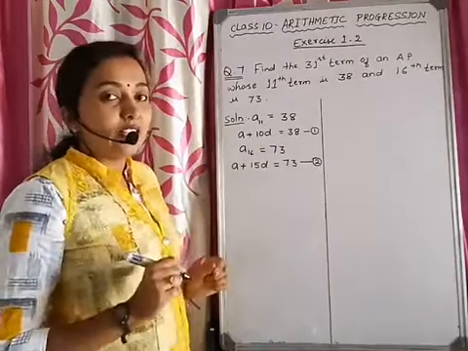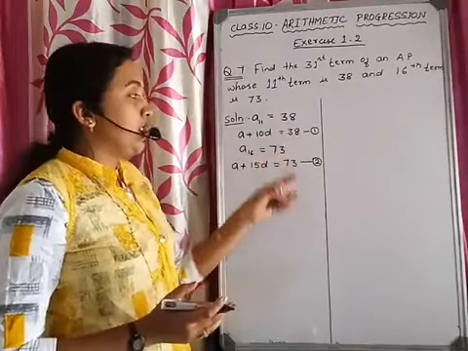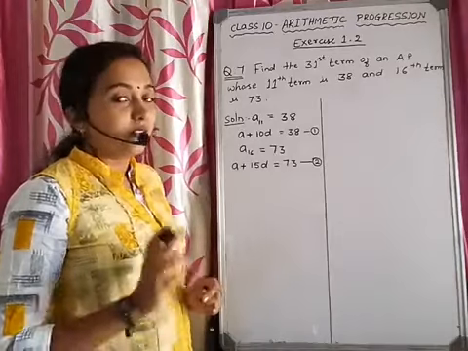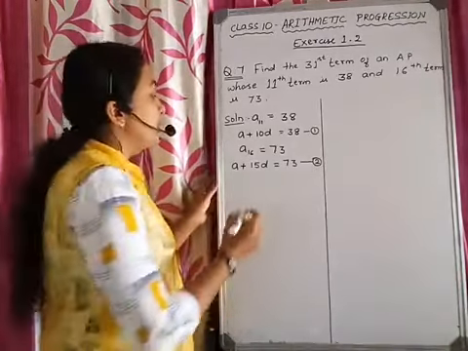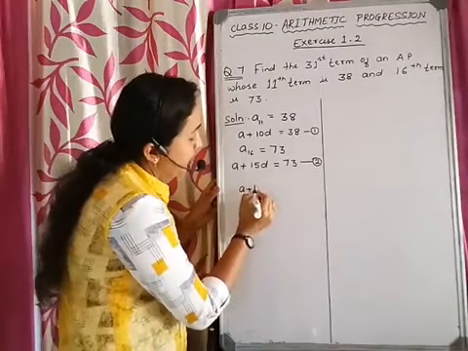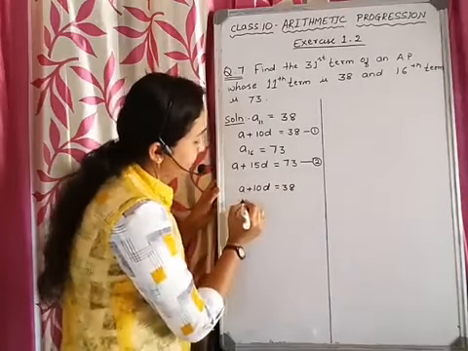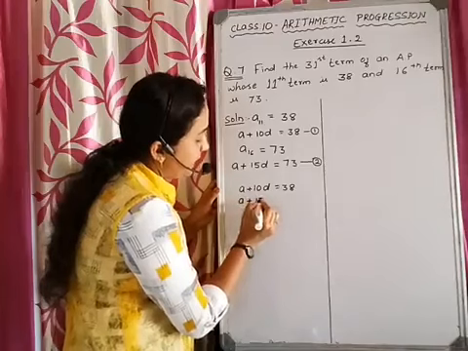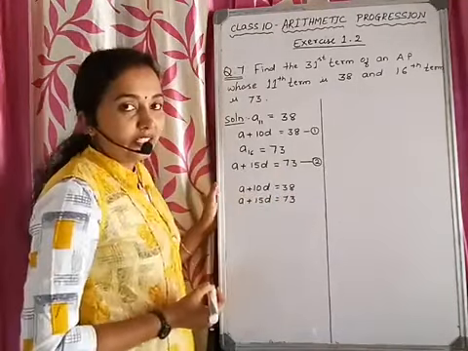In our previous class, we already discussed how to solve linear equations in 2 variables. Right, children? Let us apply the same solution here. Okay. So take these 2 equations. a plus 10d is equal to 38 and a plus 15d is equal to 73.